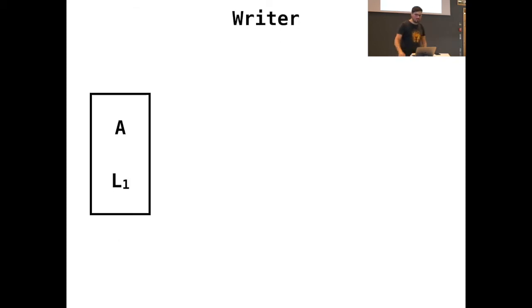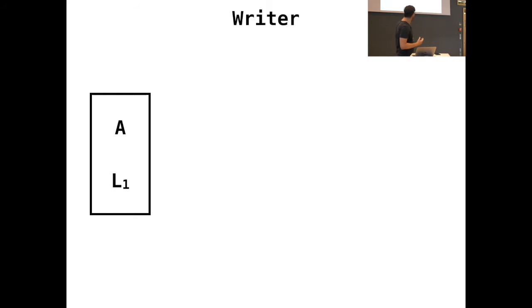Last but not least, the writer. This is my favorite monad. The writer is a box that contains two things. One is the main value, the generic parameter that we are talking about. And the second value is just a secondary thing, some additional information.